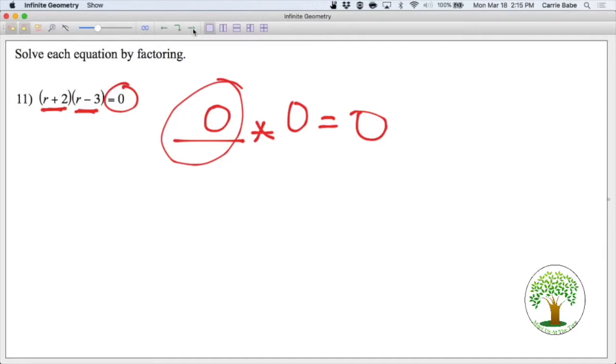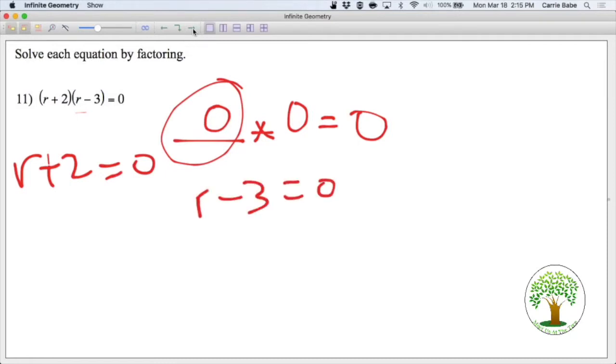We're going to use this property, which is called the zero property. Since we have a 0 up here, we know that these have to equal 0. So we know now that r plus 2 has to equal 0, and r minus 3 has to equal 0. So what plus 2 gives me 0?